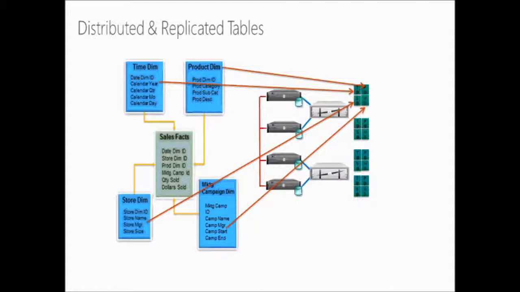On the other hand, for a distributed table, you have one big fact table, and you divide it into chunks. What you do is send each part of this table to a different compute node. When you run a query, each part, depending on your query predicates or joins, runs within that compute node.